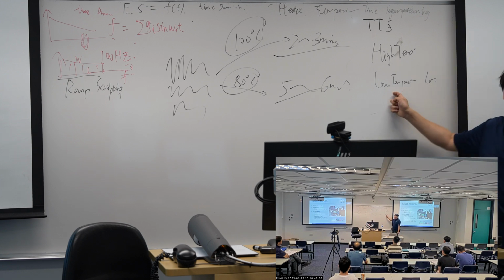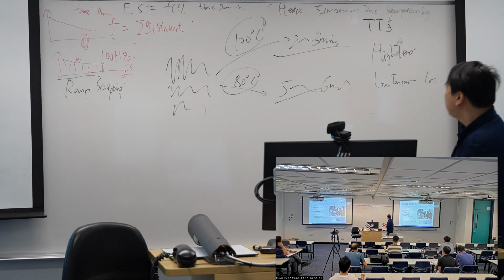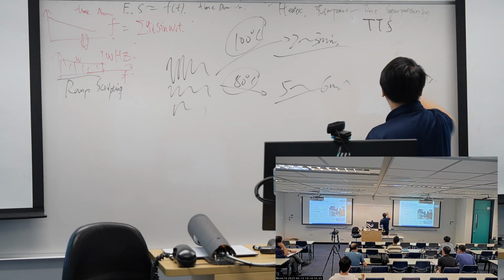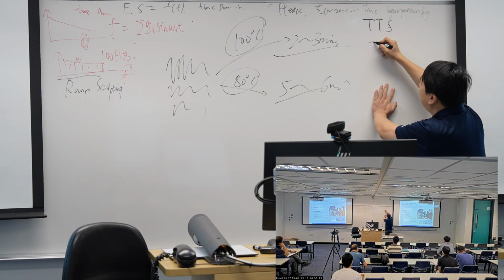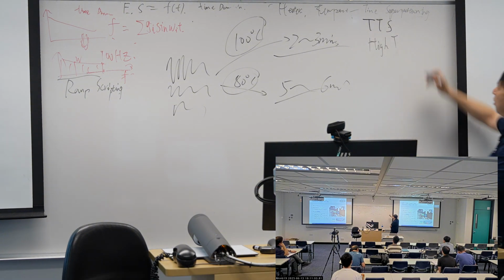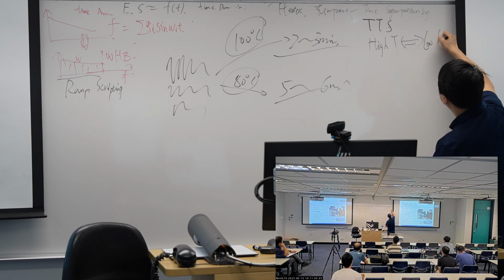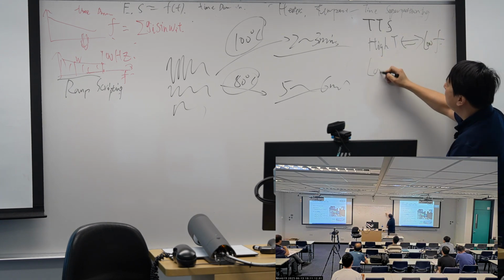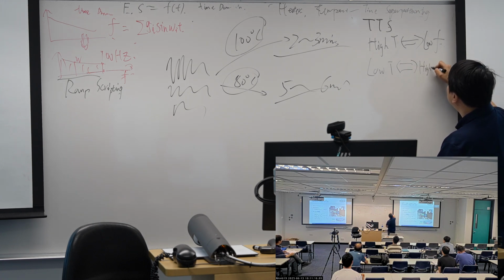If it's low temperature, if you give it high speed, it can reach the same effect. So that's how we say it: in TTS, high T is similar to low frequency, and low T means high frequency.